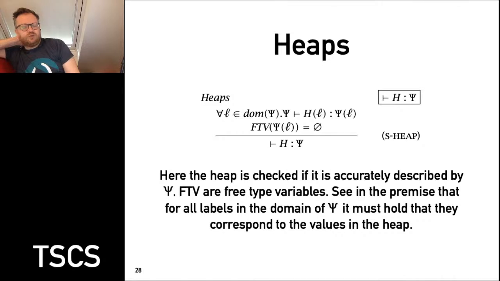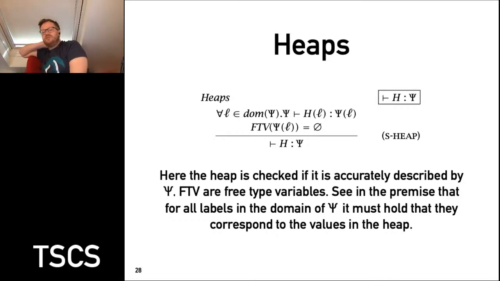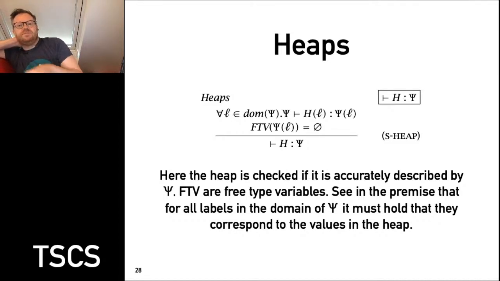That is true for all locations in the domain of psi, and under the assumption of psi, the heap typing of that particular label must match the psi typing. So this is where you bind them together, and then you have a well-typed heap.